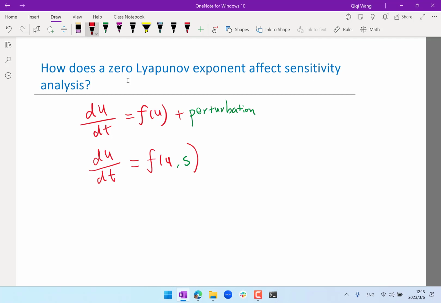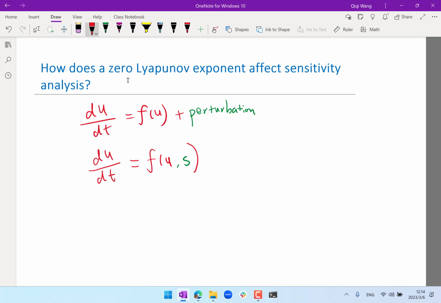The parameter perturbation is most often the difference between a realistic experiment or observable system and a differential equation as a mathematical model. There is always a parameter you cannot be exactly sure about in the real system.